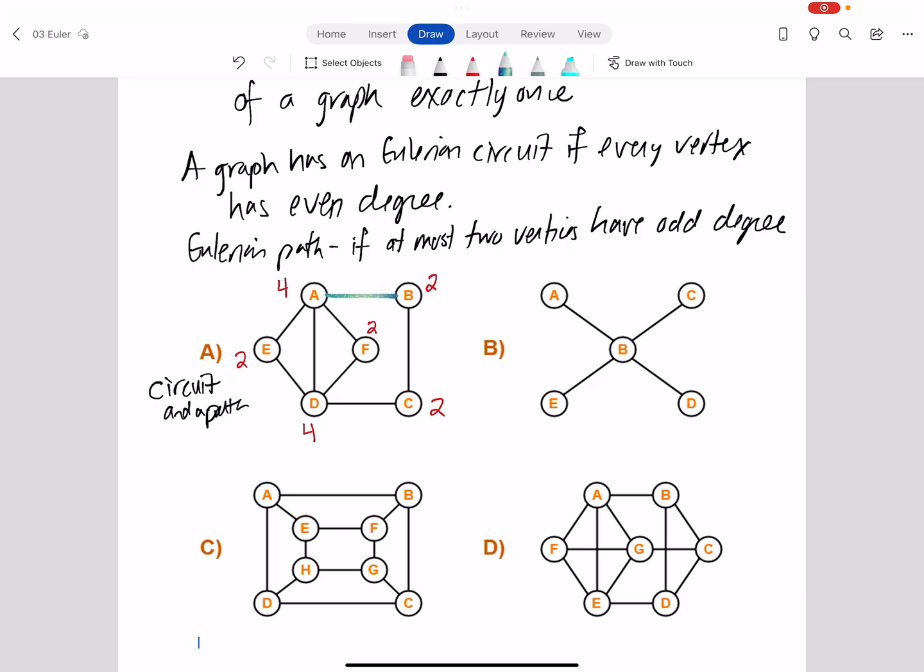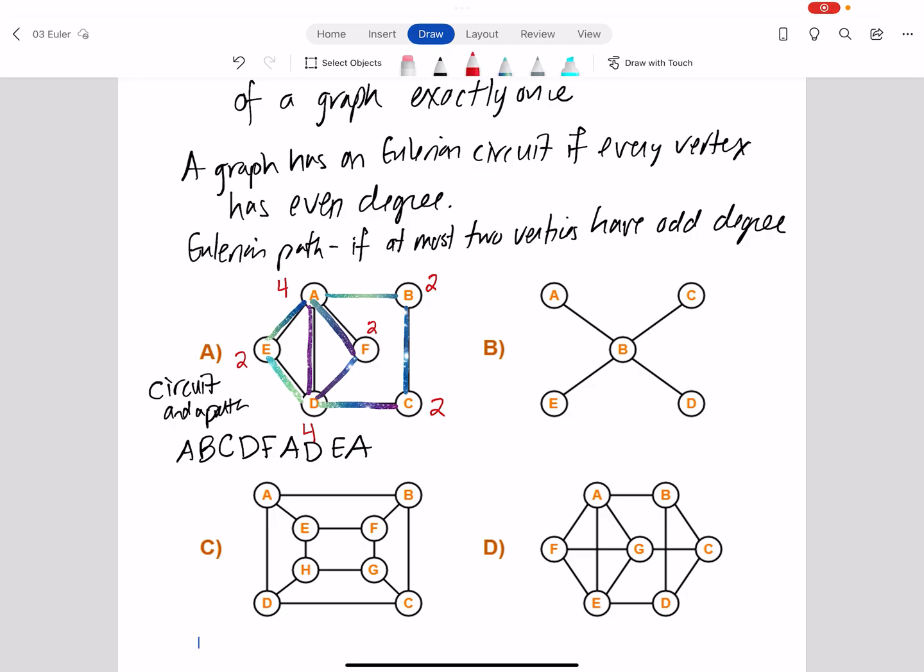I'm going to trace all the edges exactly once. And you can see that I started and ended at vertex A. So the path that I did, or the circuit, A, B, C, D, F, A, D, E, A.